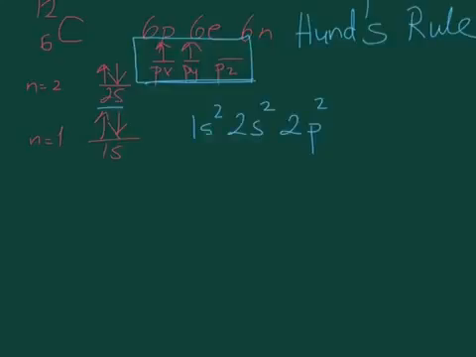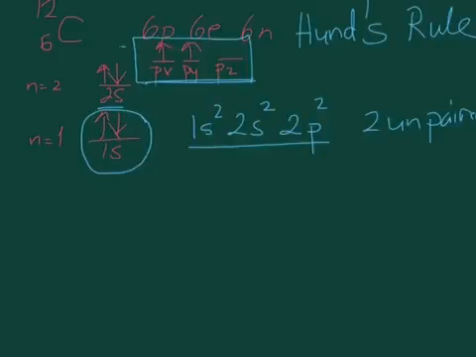So we have written the electron configuration for carbon, and we can see that carbon has two unpaired electrons. Let's see whether it has spherical symmetry. Yes, the 1s orbital is spherical. The 2s orbital is spherical.